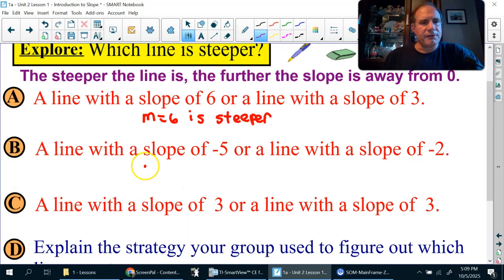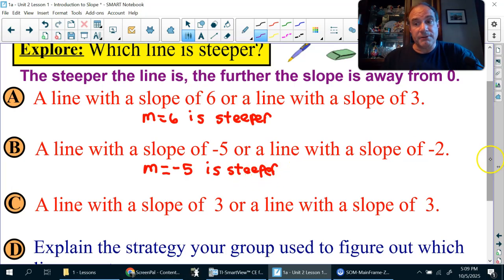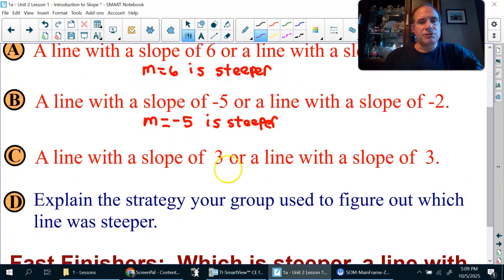Which one is further away from 0? -5 or -2? -5 is steeper, but that would be a decline, but it's still steeper than -2. Line with a slope of 3 or line with a slope of 3, same steepness.